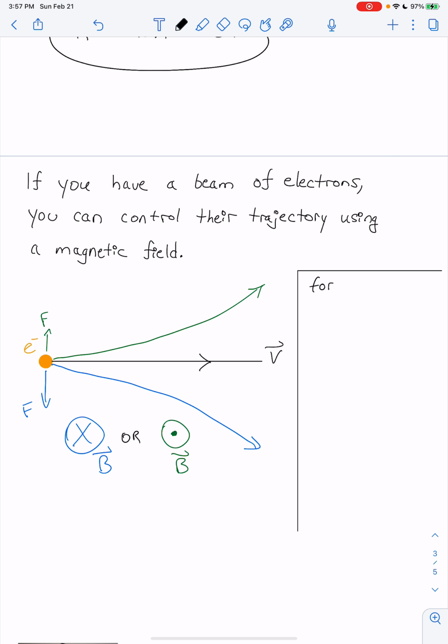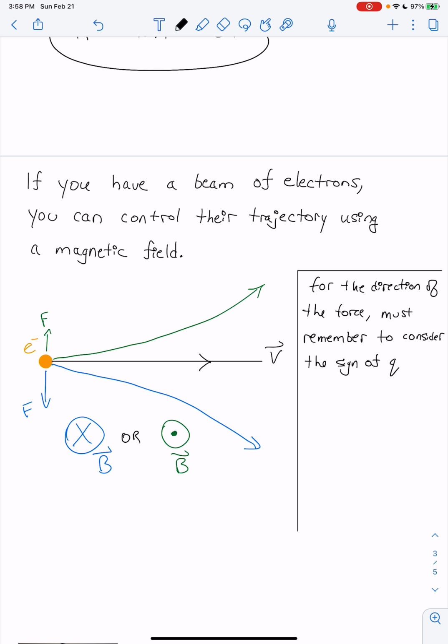So for the direction of the force, we must remember to consider the sign of Q in our equation.